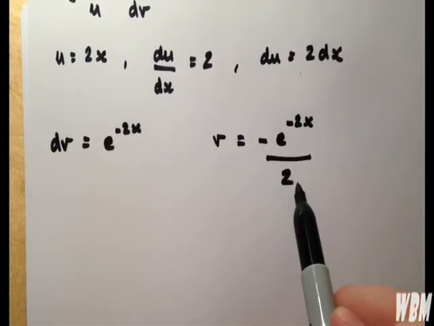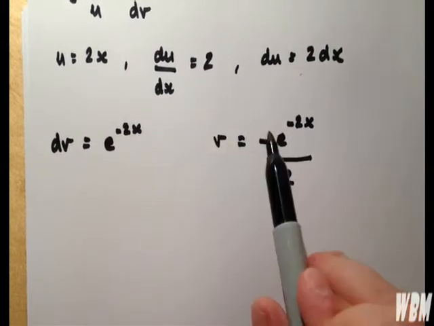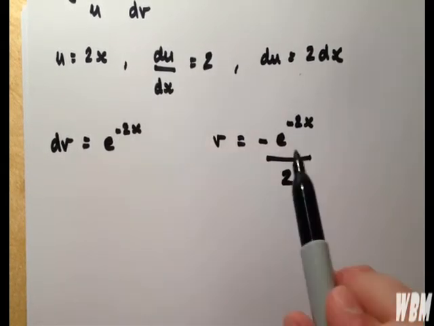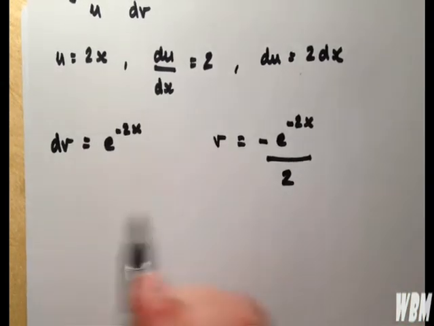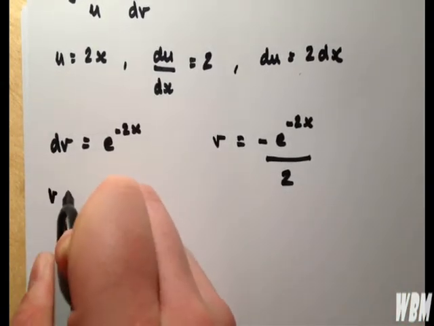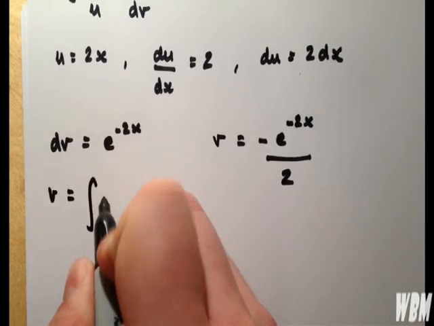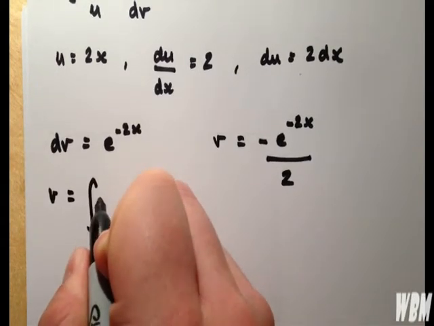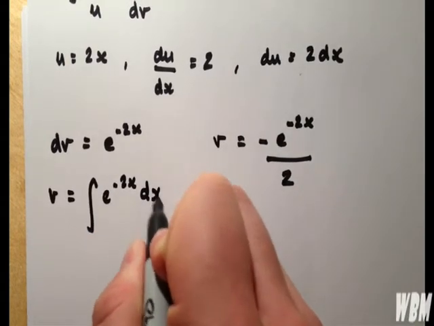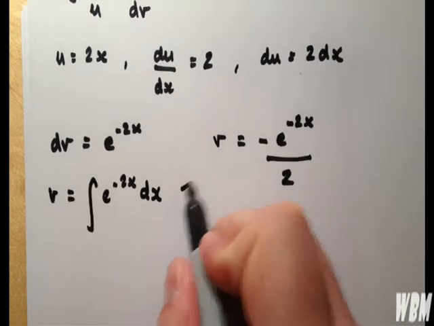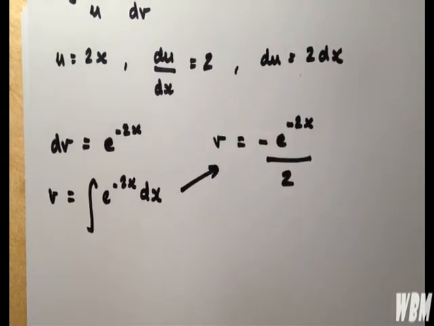And that comes about simply by integrating this because it's exponential. I'll just clarify what we did. V is, of course, equal to e to the minus 2x dx integrated, which gives that.